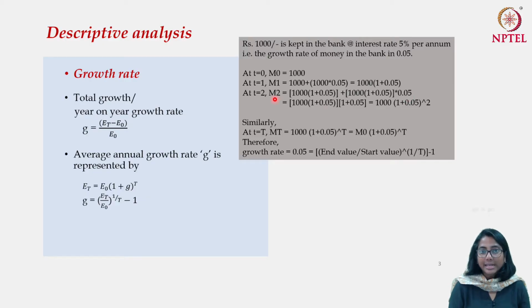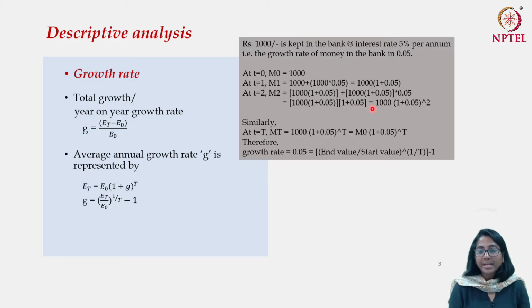So the total money that I have after 2 years is 1000 multiplied by 1 plus 0.05, plus 1000 multiplied by 1.05, and the second part is multiplied by 0.05 again, because the interest is accruing on this part. So again, if I take 1000 multiplied by 1.05 common, then what I am left with is 1.05.